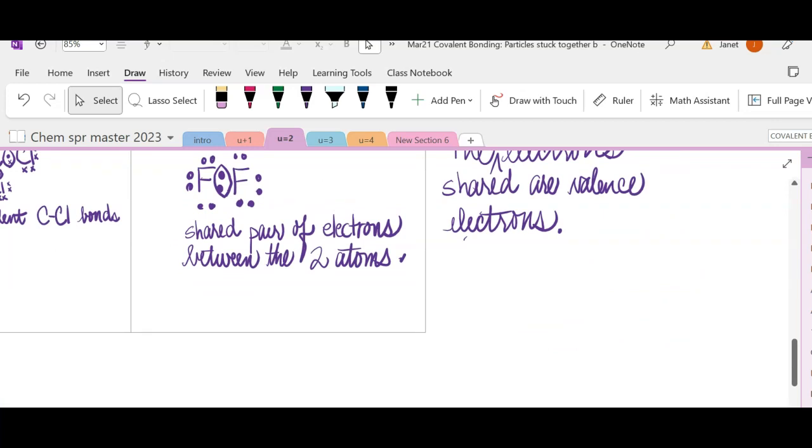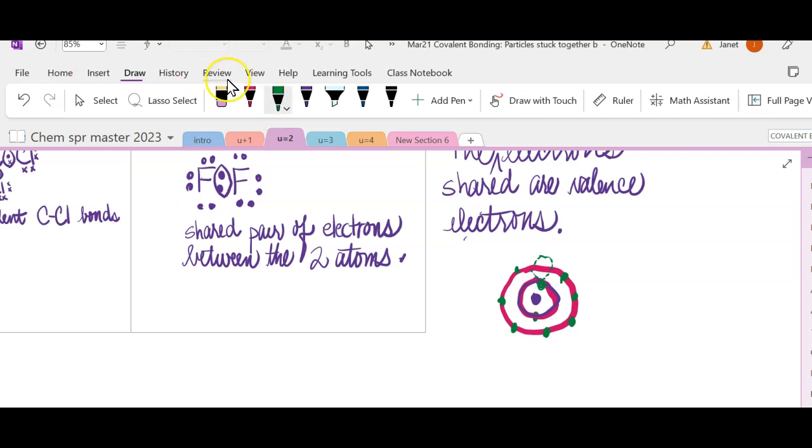Fluorine is in row 2. So here's the nucleus, and then there's 1 ring, and then the second ring. The first ring has 2 electrons. The second has 7. So this one right here, there's no electron right there in the valence shell because there's only 7.